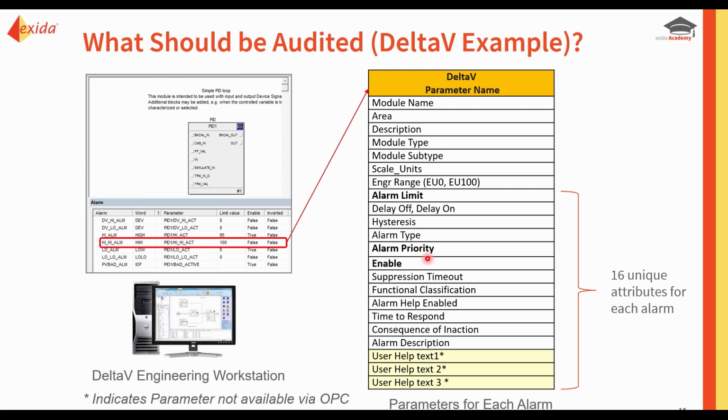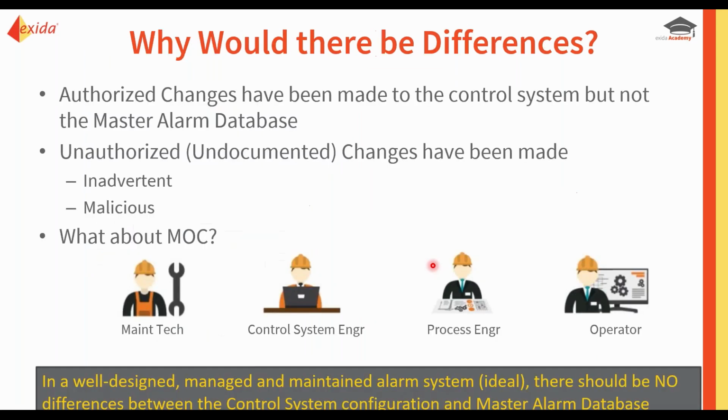But maybe we should add to the list the hysteresis and even the on-delay as things that, if changed incorrectly, could impact the annunciation of the alarm at the right time. But the common understanding is typically that the alarm limit, the alarm priority, and the enable/disable status are the most important attributes. And those are typically the minimum set that you'll see being audited for each alarm.